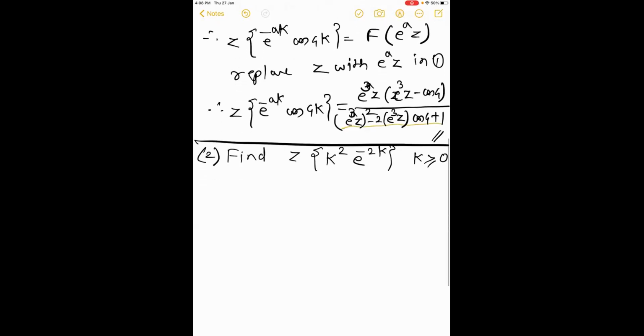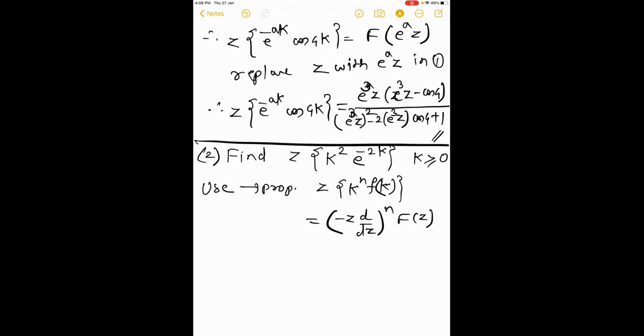In this case we use the property for the Z transform of k raised to n into f of k, the multiplication by k property. K raised to n into f of k is minus z into d by dz, raised to n, acting on F of z. This is the result for this multiplication.